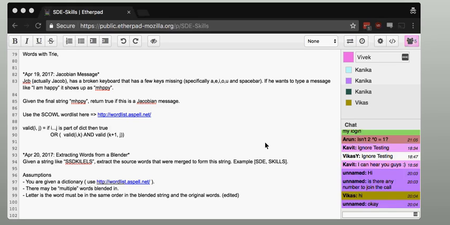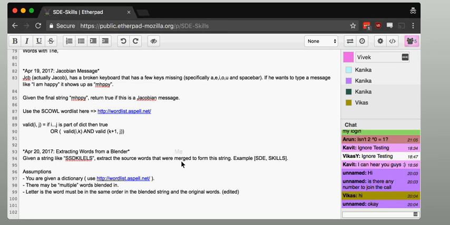All right, so going back to this, extracting the words from a blender. This is a pretty interesting question. You're familiar with the merge operation in merge sort, right? If I give you a whole bunch of words, pick the first character from the front of any word. It's like merging of queues.